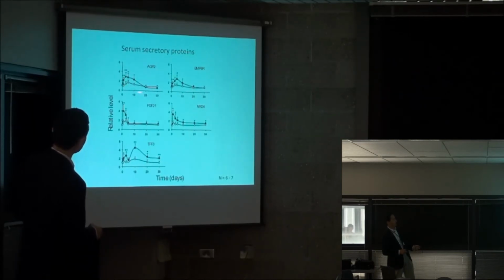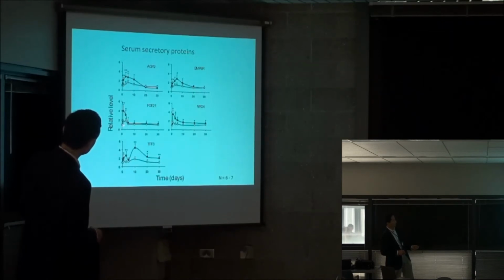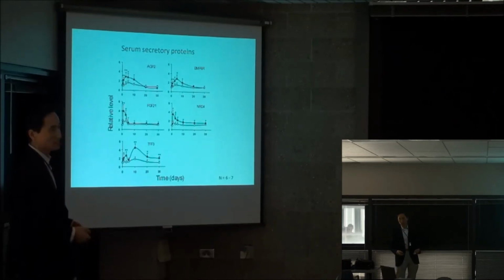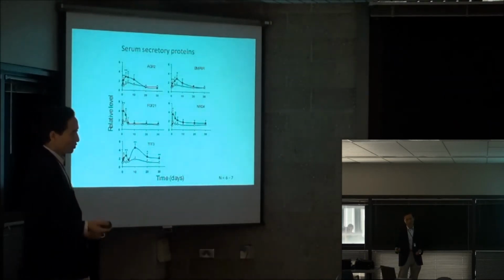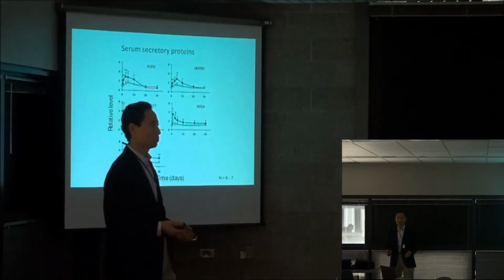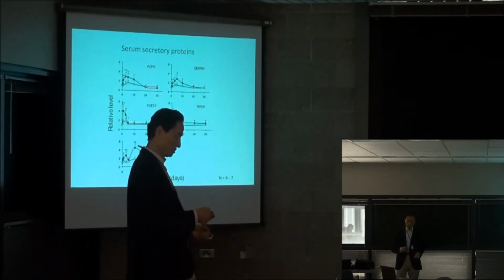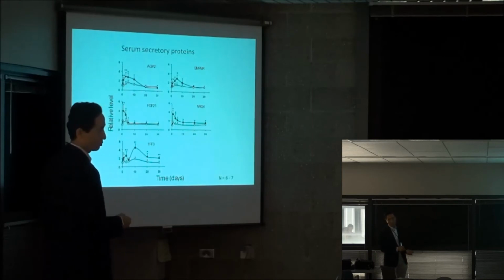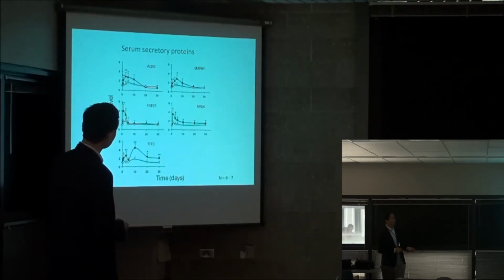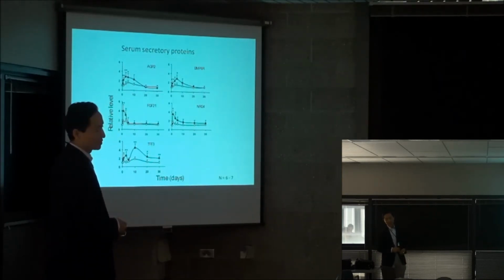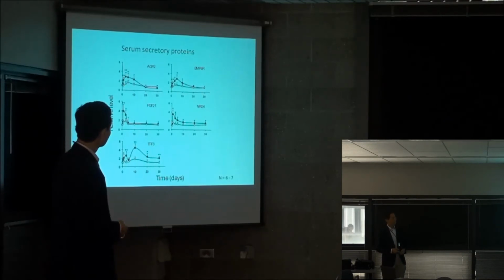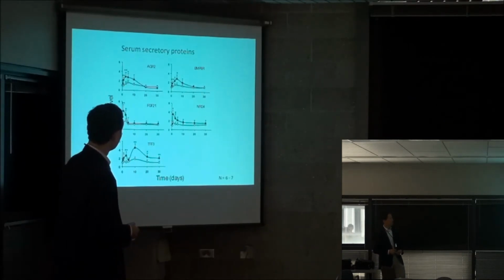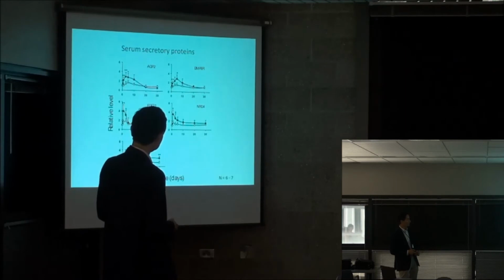Some go from day 1 to day 10, some from day 1 to day 5, like FGF21. You can see a peak increase in FGF21 in serum. Actually, in human patients with myocardial infarction, you can also see FGF21 increase, but the protective function of FGF21 has not been found in humans.